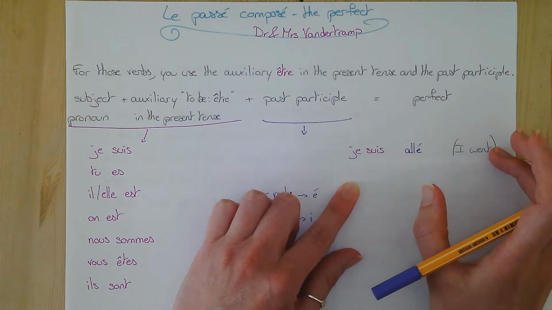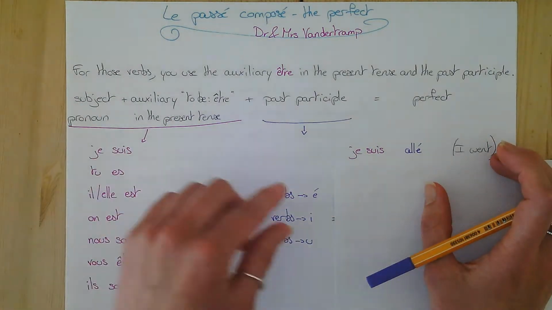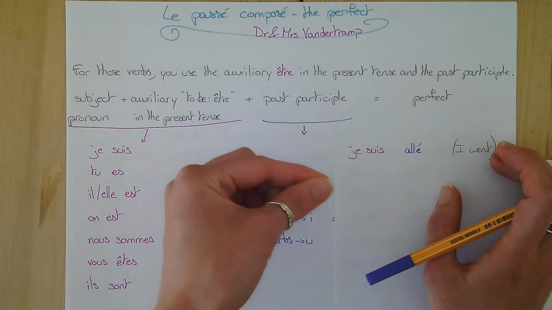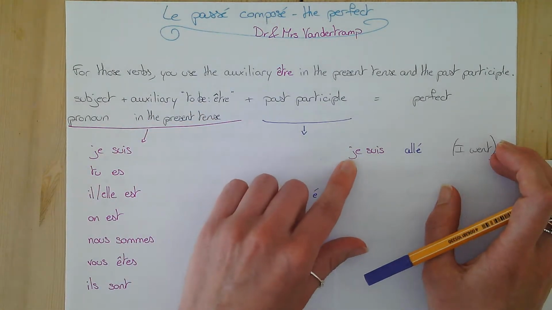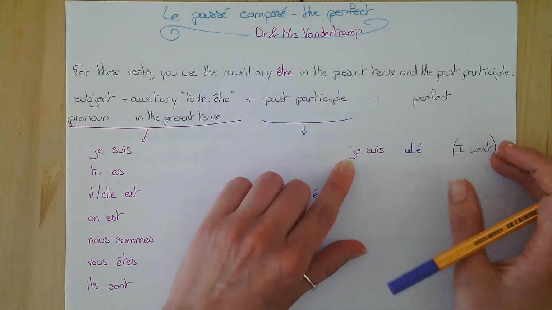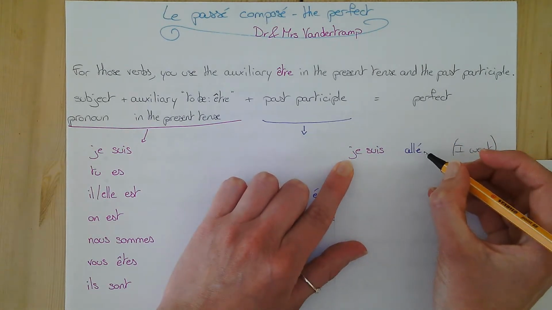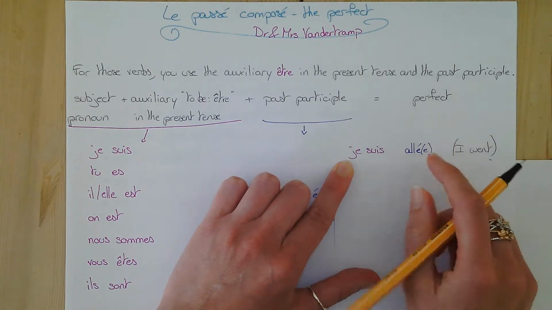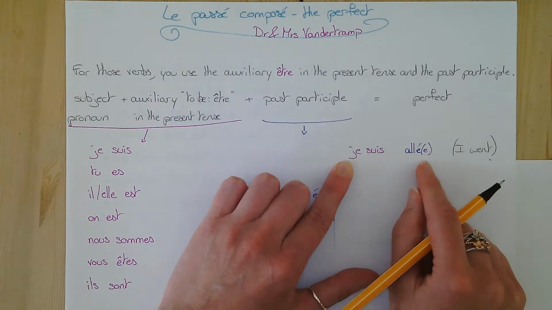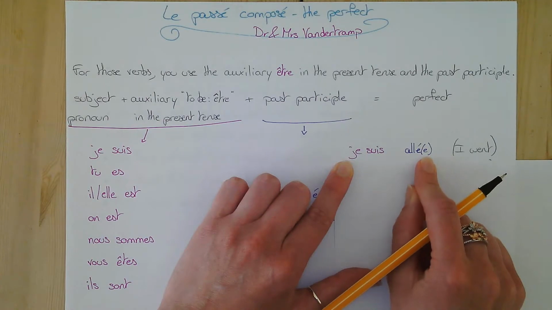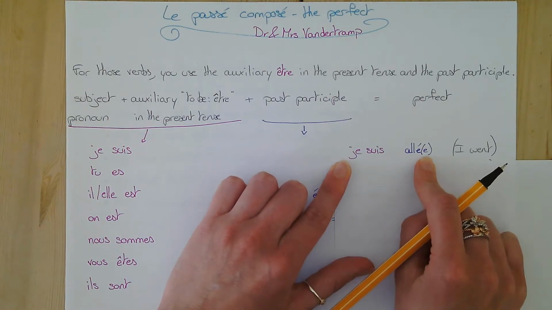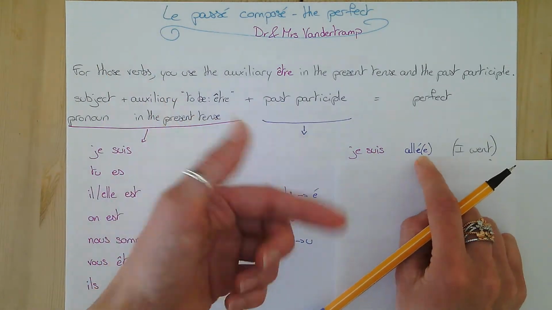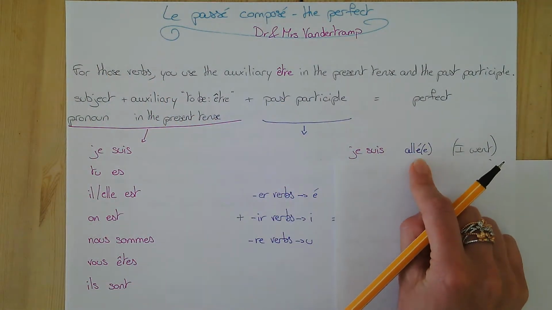If it's a girl saying, I went to the cinema, I is feminine because it's referring to a girl or to a woman, it doesn't matter. But if this is feminine, here you need to put an E at the end. Because we haven't established here if I is masculine or feminine, I'm putting the E between brackets, but obviously when you write a paragraph, figure out if you're a boy or a girl and agree that past participle accordingly.